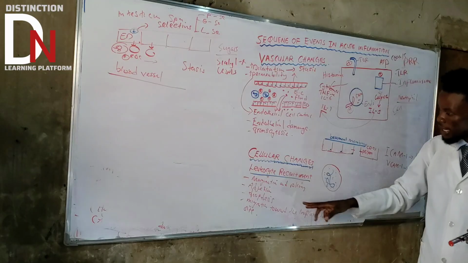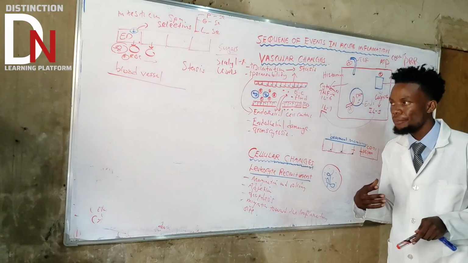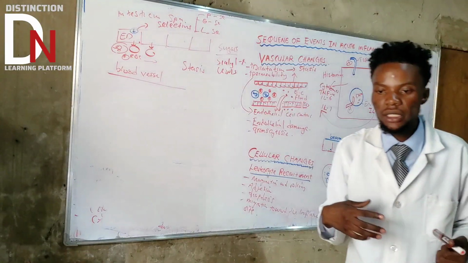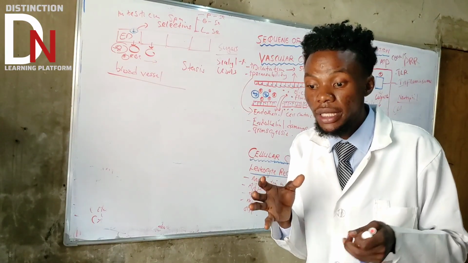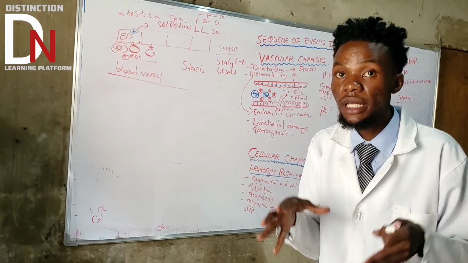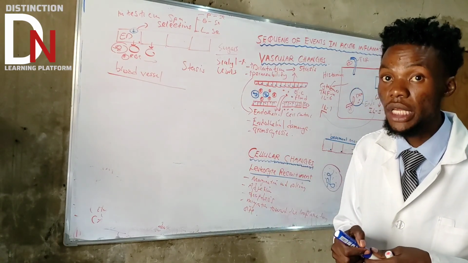So what else now? The other point is adhesion. Adhesion is where the leukocyte will stop rolling, and then firmly attach to the endothelial cell.